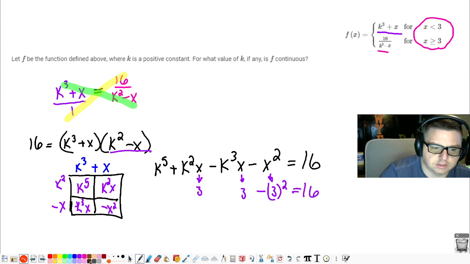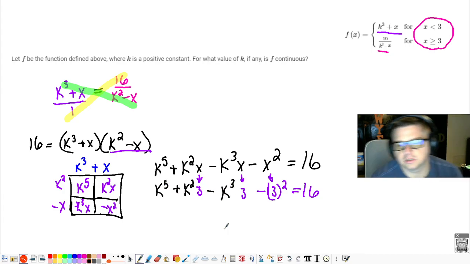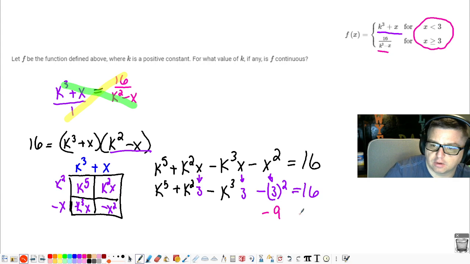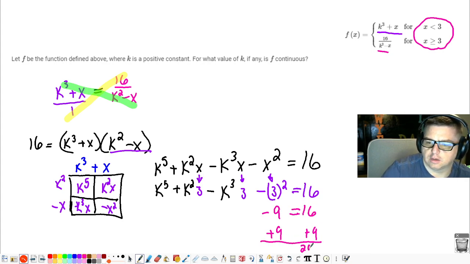This is going to give us k to the 5th plus 3k squared minus 3k cubed, and we also get that minus 9 over here, so we add 9 to both sides. Because it's equal to 16, the whole thing is going to equal 25.